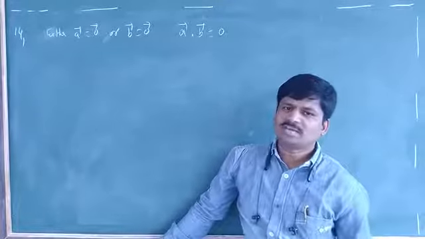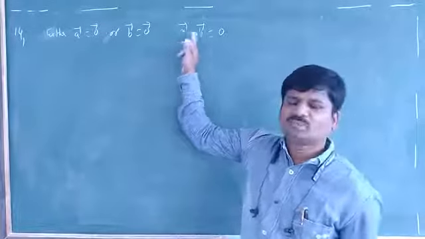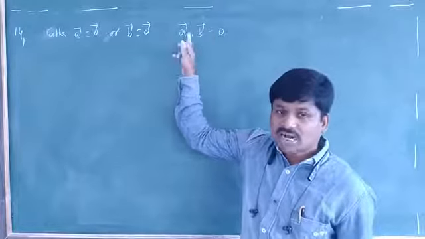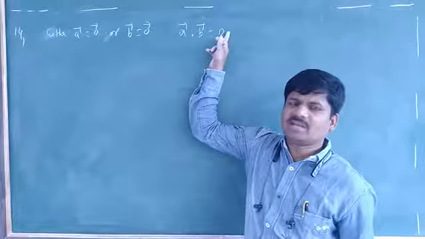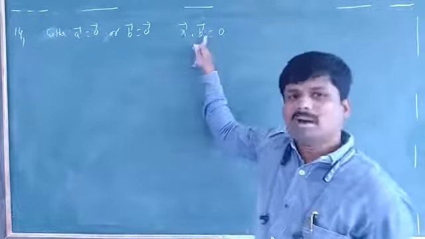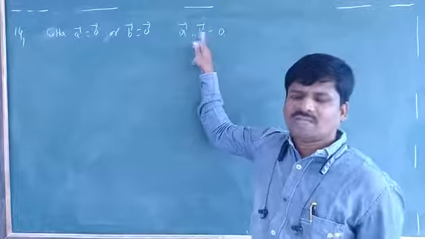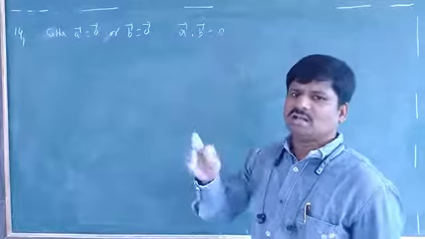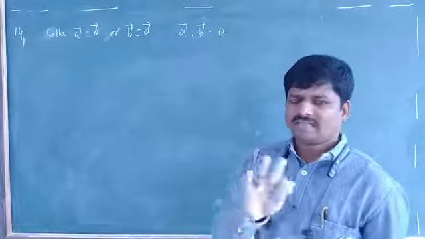Converse need not be true means here, A bar is one vector, B bar is one vector, and the dot product of these two vectors is equal to 0, but A bar or B bar need not be 0 vectors. That type of example is being asked.